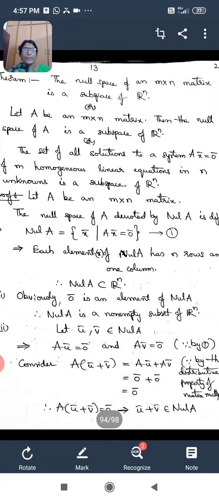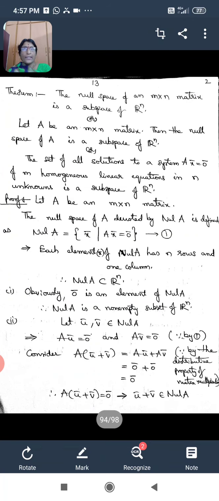Now our aim is to prove that null A is a subspace of Rn. We have seen that null A is a subset of Rn, and to prove that it is a subspace of Rn, we need to prove three conditions.